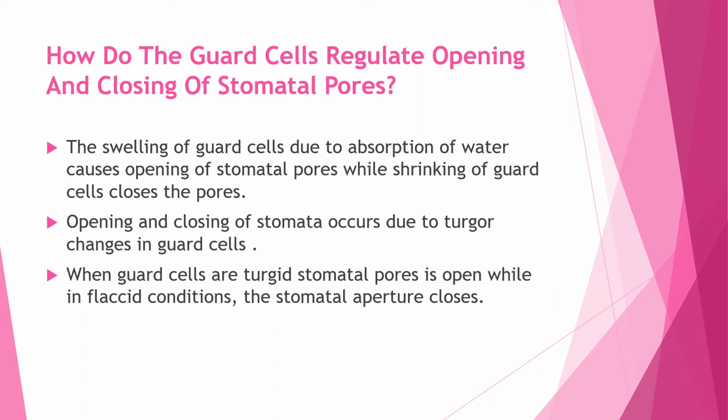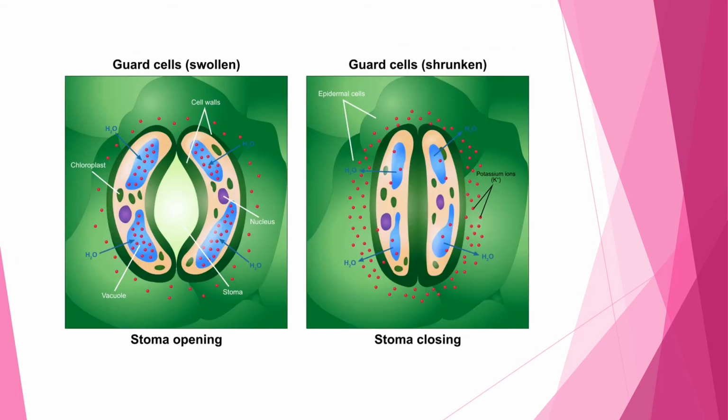So the question is very important: how do the guard cells regulate the opening and closing of the stomatal pores? In this picture you can see the guard cells swollen up, they have water inside. Because of the swelling, because they are turgid, the stomata is open.